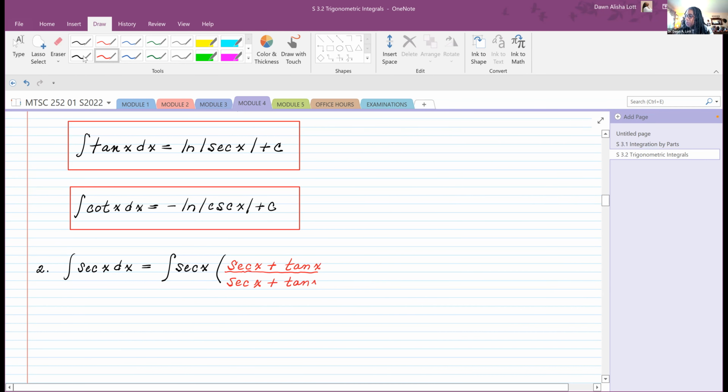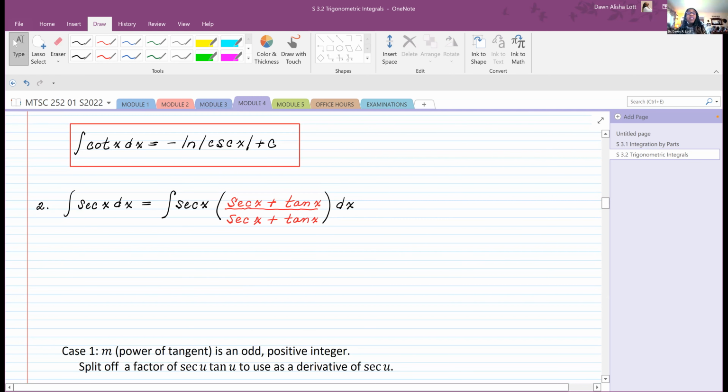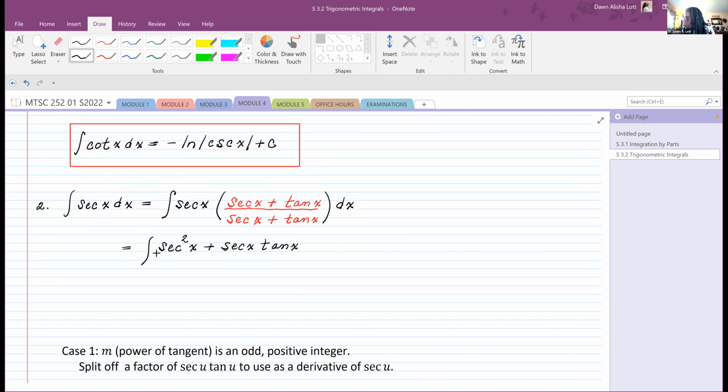Now we all know I can multiply by 1 and add 0 to anything I want. So as you can see, I multiplied by 1, so I have not changed the problem any. So this now becomes the integral, and in the numerator, I get secant squared of x plus secant x tangent x. I just multiplied everything out. And in the denominator, I still get secant x plus tangent x. And all of that is dx.